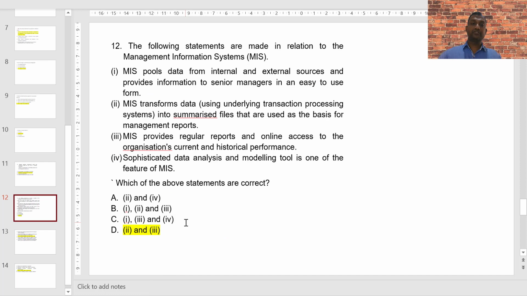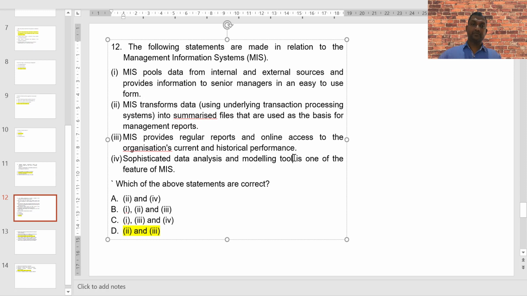If you look at the question, you can clearly identify that, even in the previous question we discussed, management related information normally does not consider external sources, even though it considers a very little amount but very specific. So MIS reports normally do not have pools of data from internal and external sources. Mostly the MIS is about internal data. So we cannot use it at this point as an answer.